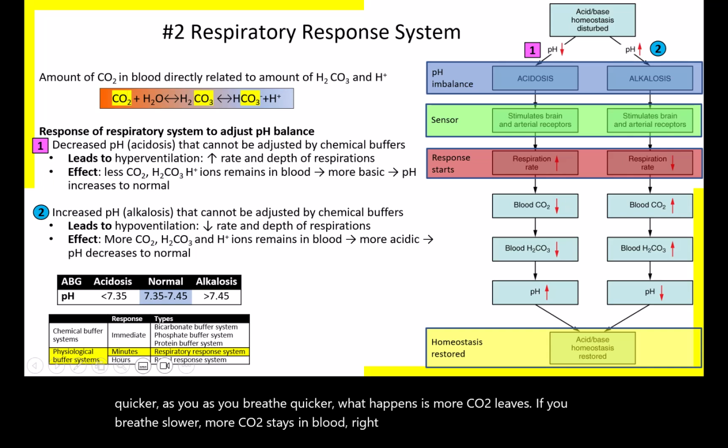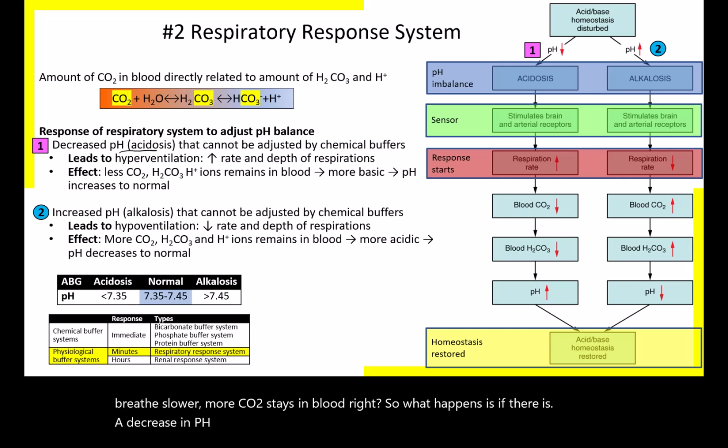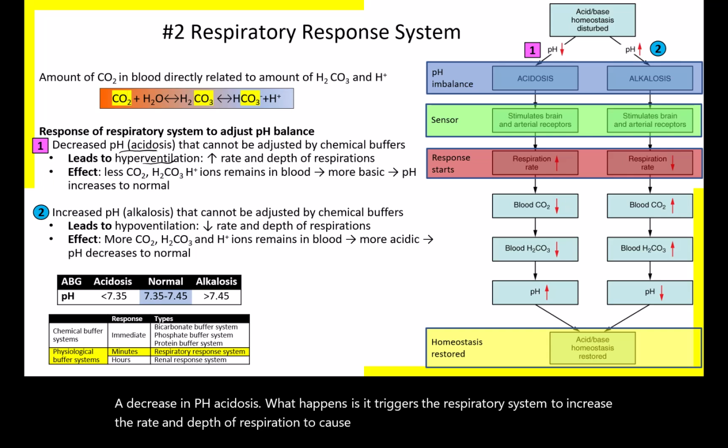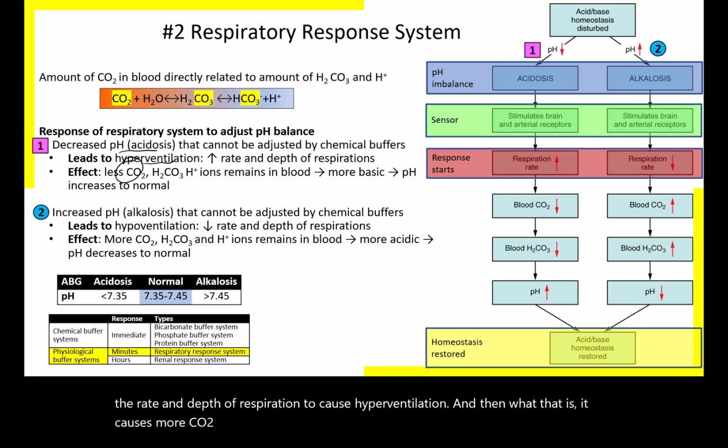So if there is a decrease in pH, acidosis, it triggers the respiratory system to increase the rate and depth of respiration to cause hyperventilation. That causes more CO2 to leave, so less CO2 remains in blood, and the blood then becomes more basic to return it back to normal pH levels.